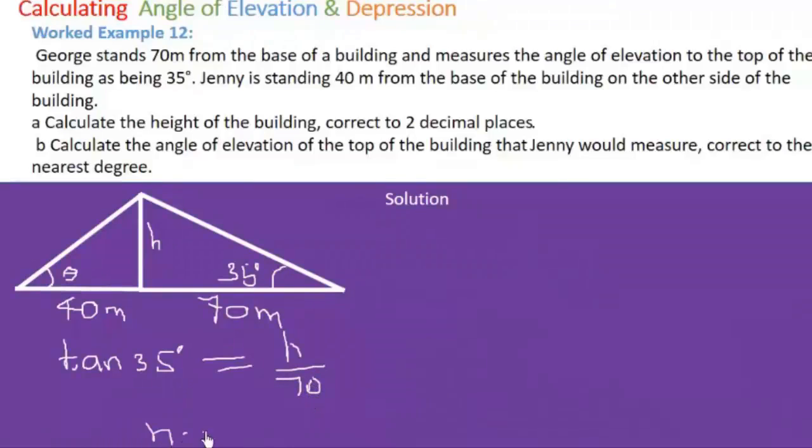So h will now be equal to 70 times tan 35 degrees. And this is equal to 49.01 to 2 decimal places.